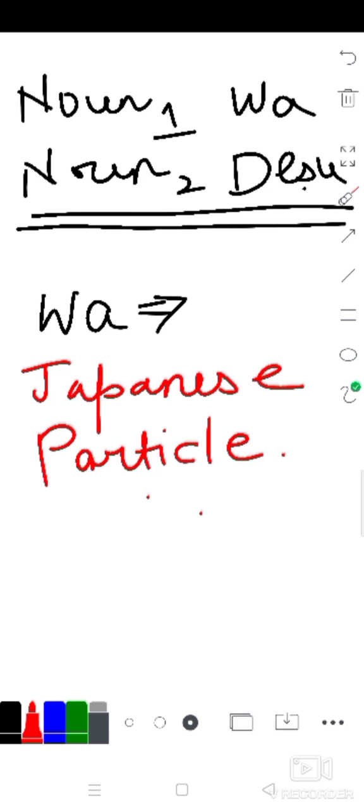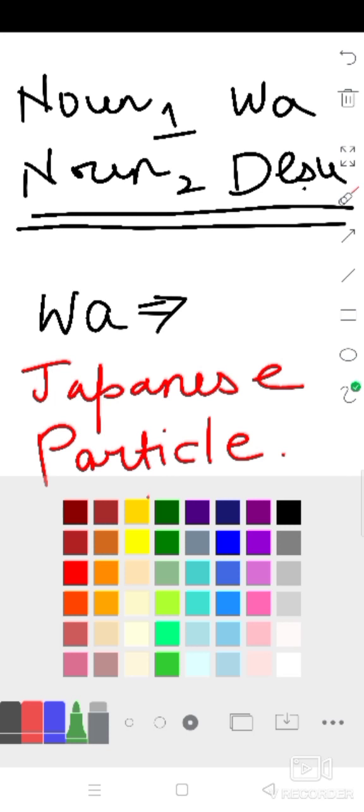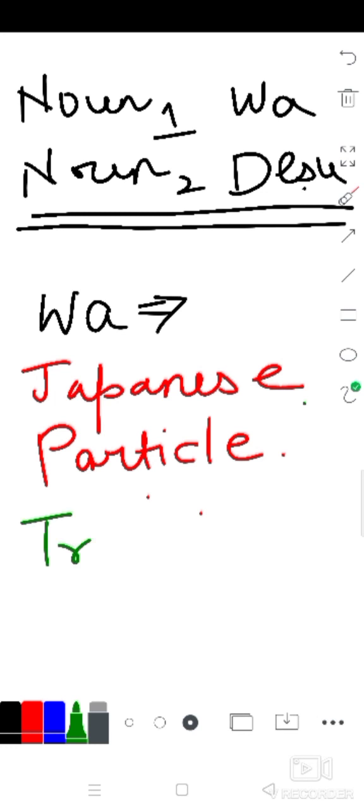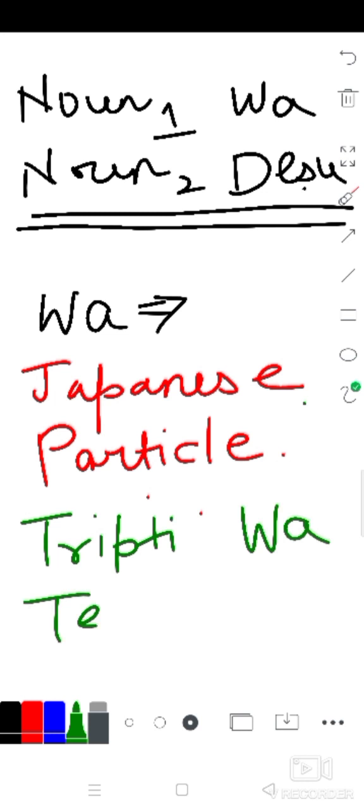Now if we say Japanese particle, what does this mean? Let's take an example. My name is Tripti. So, Tripti wa teacher.